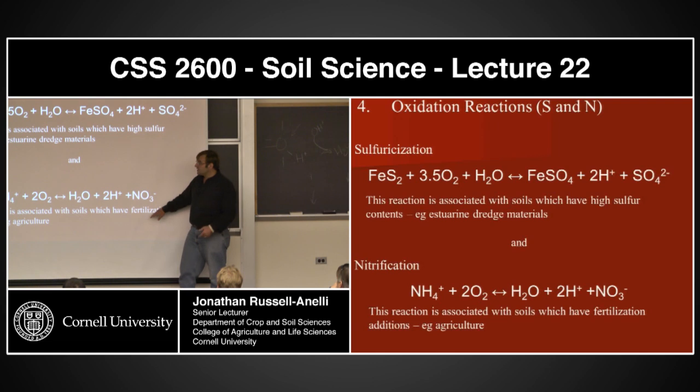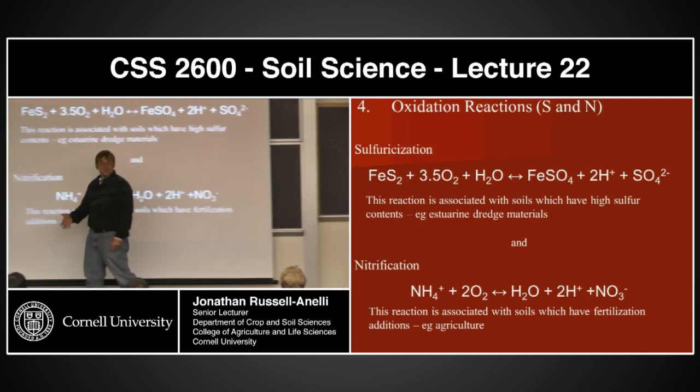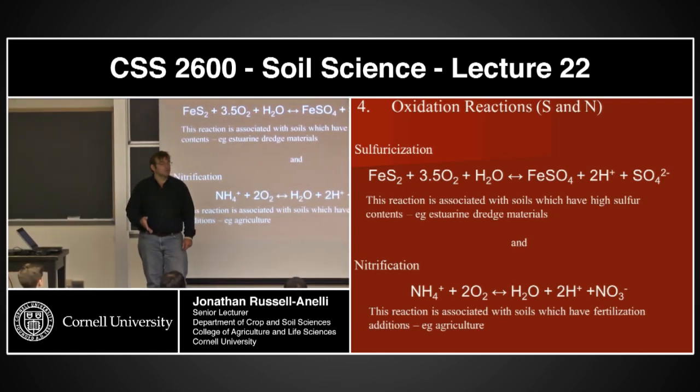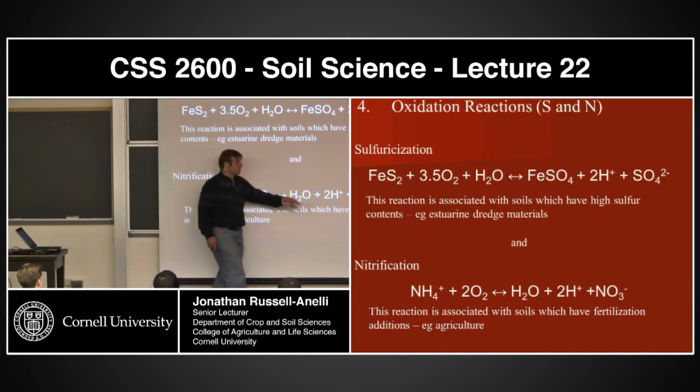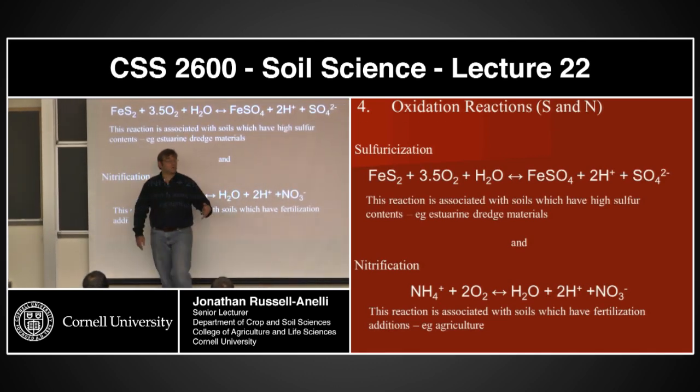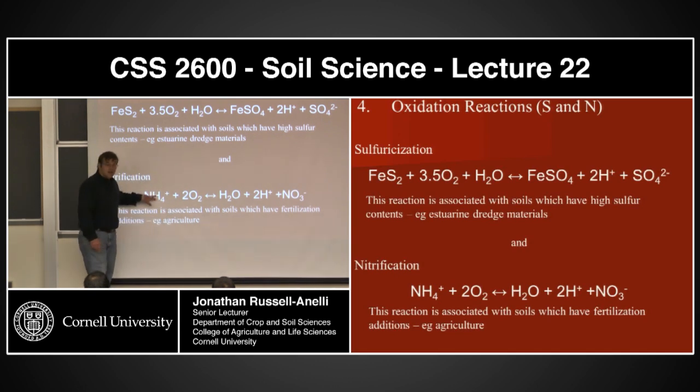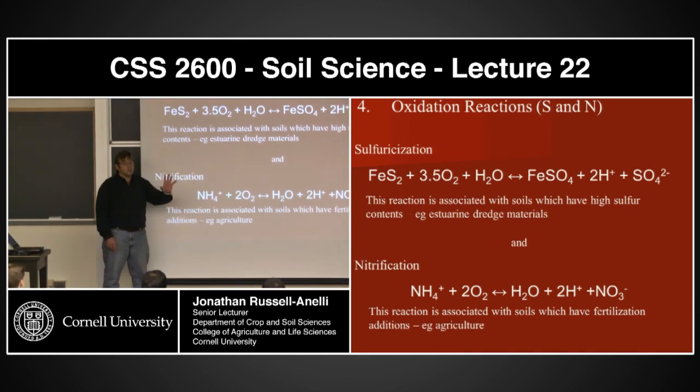So by fertilizing with ammonium, I am, in essence, going to be lowering the pH in my soils. Now, this might be intentional. You might have soils that have a really high pH, and I'm going to add the fertilizer in this form rather than that form because I want to lower the pH. But if you're using it, it's going to happen. It's a simple oxidation reaction.